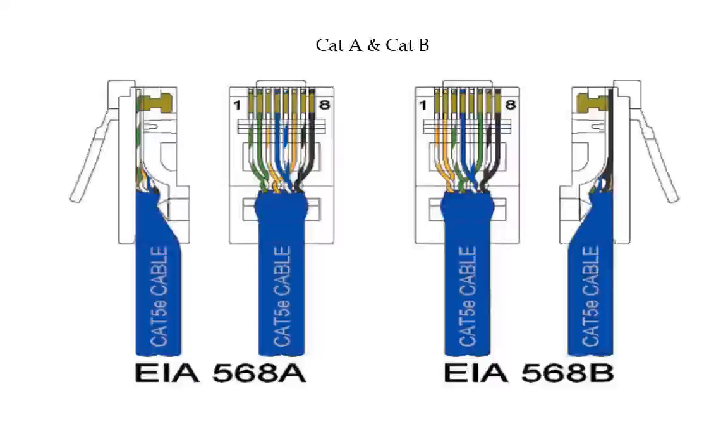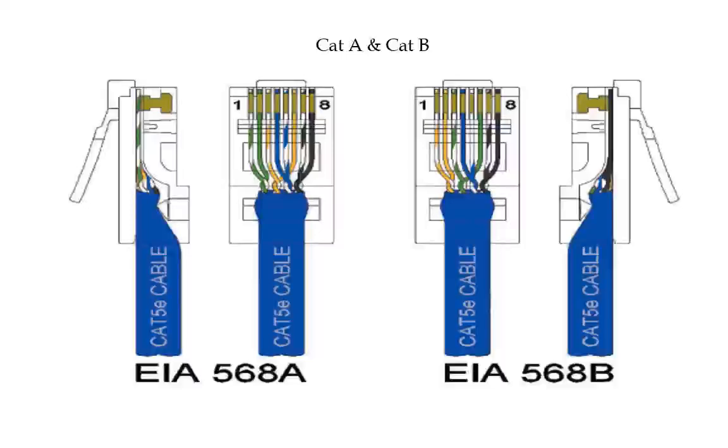We have the color code starting with the green pair and orange, then the blue pair and again orange, and lastly the brown pair. This is reversed in EIA 568B: the orange pair first, then green and blue pair, then green and brown pair. So the orange pair is replaced with the green pair. That is the main difference between these two types. Normally we follow category B, which European countries follow, and category A is followed in the US standard or some other standards.